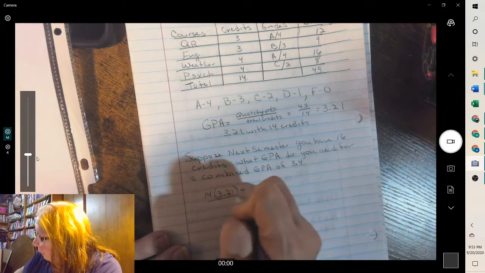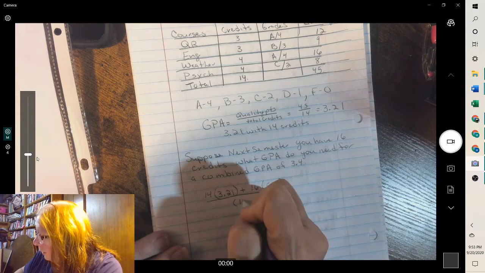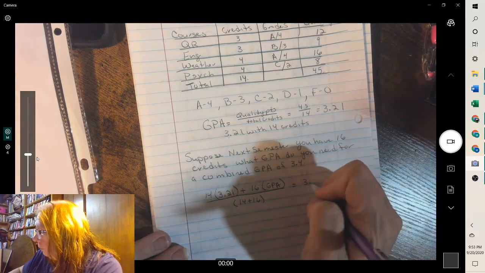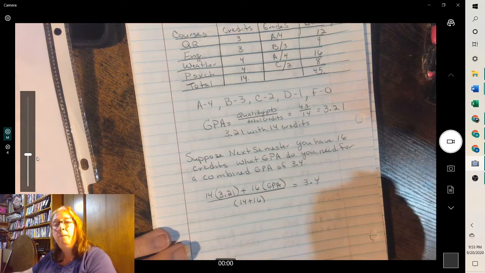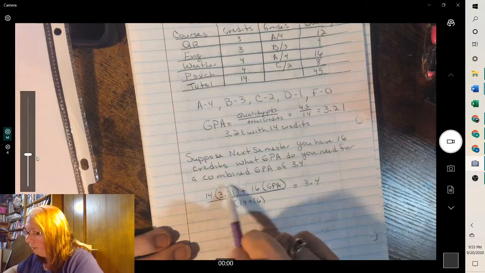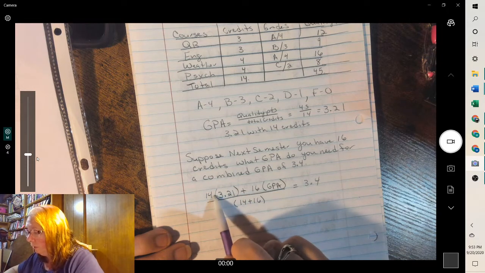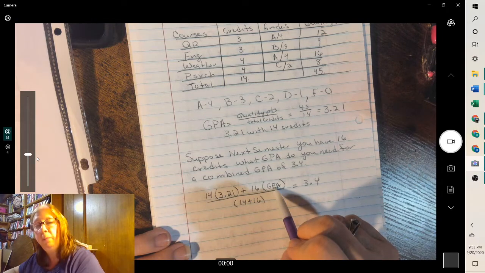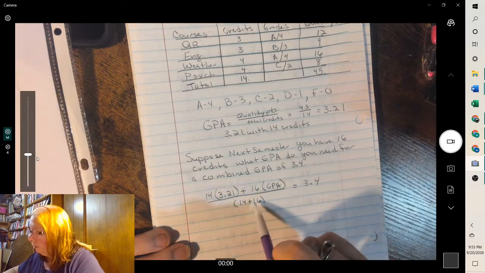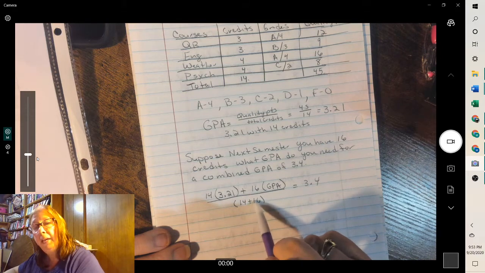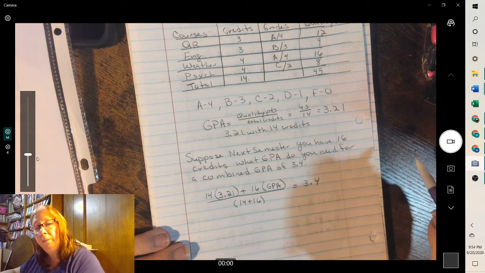But we know that when we divide by our total credits, we want to have a 3.4. So if we take the credits times this grade point average, that gives us our total quality points. To get the quality points here, 16 times the grade point average. Then we divide by the total credits. And we want that to equal a 3.4.